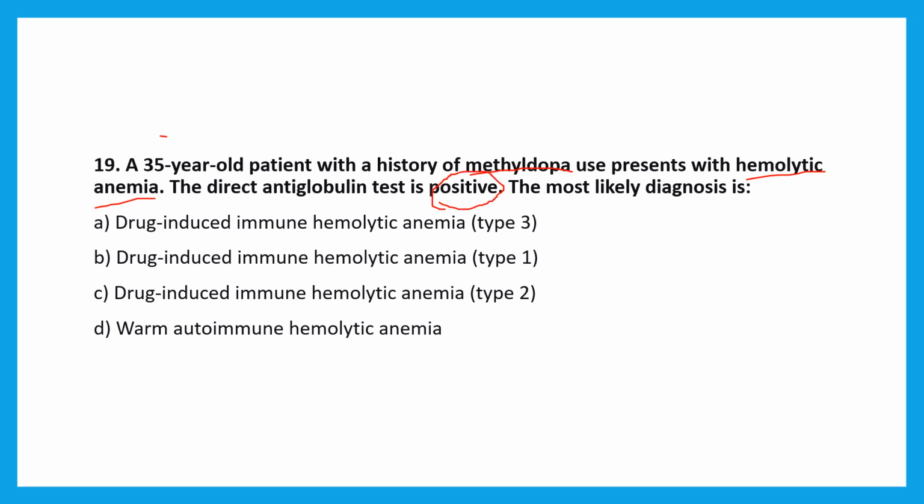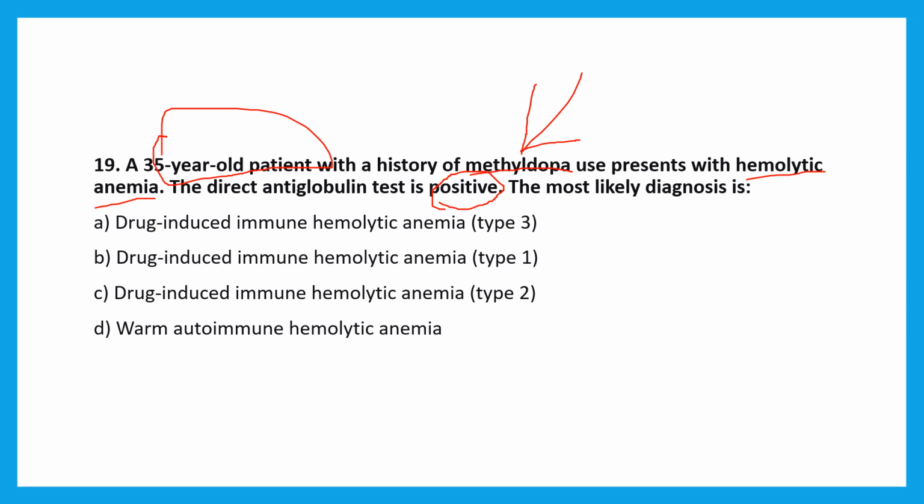Methyldopa, first of all, is a keyword, one that we're looking for. So is it drug-induced immunohemolytic anemia type 3, type 1, type 2, or autoimmune hemolytic anemia?